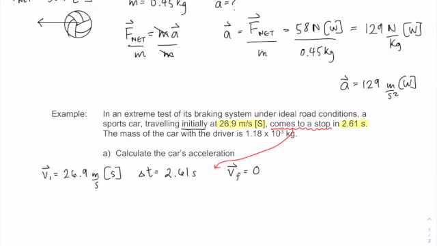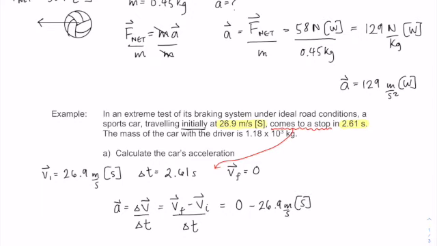Okay? So what they want us to find first is the object's acceleration. And acceleration is equal to delta v over delta t. We know that delta v is the same thing as v final minus v initial over elapsed time. So we can sub in our values. That's 0 minus 26.9 meters per second south, divided by an elapsed time of 2.61 seconds.